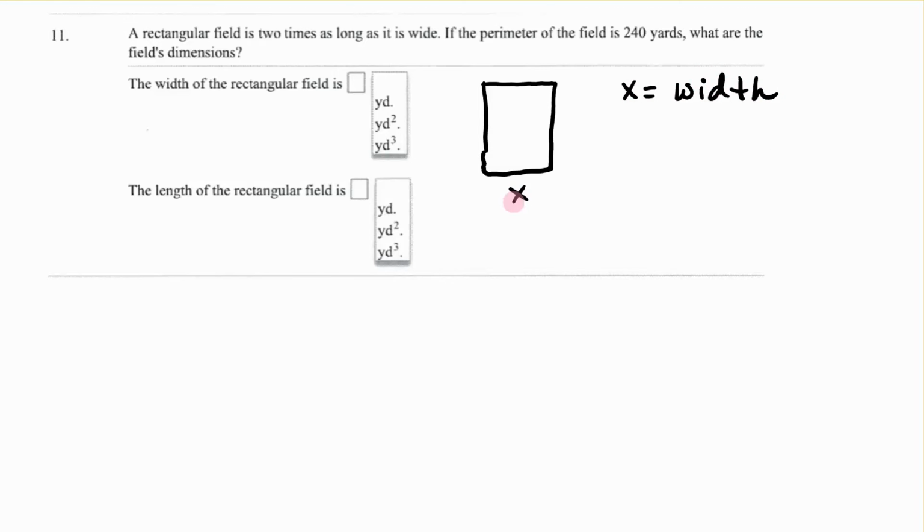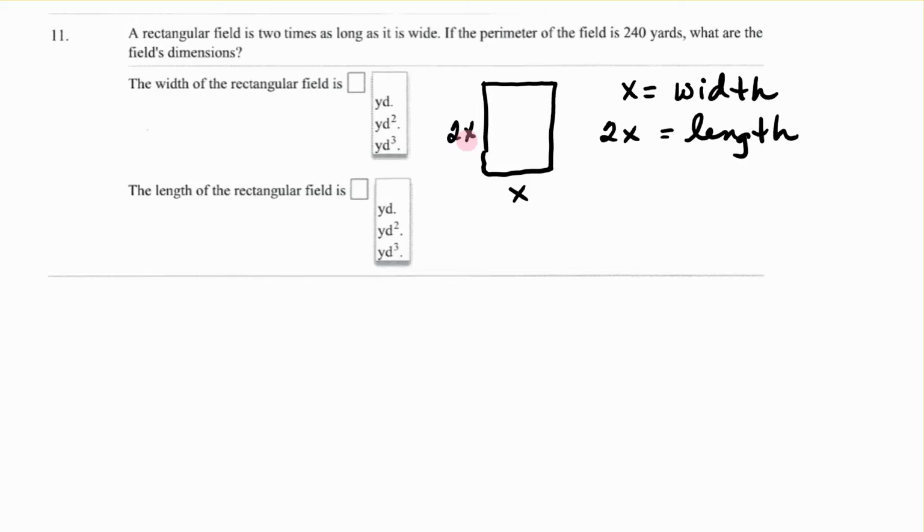I'll put an x down there. The length is 2 times the width, so I'm going to let 2x be the length. It's 2 times as long as it is wide. So x and 2x. Put my 2x over here.